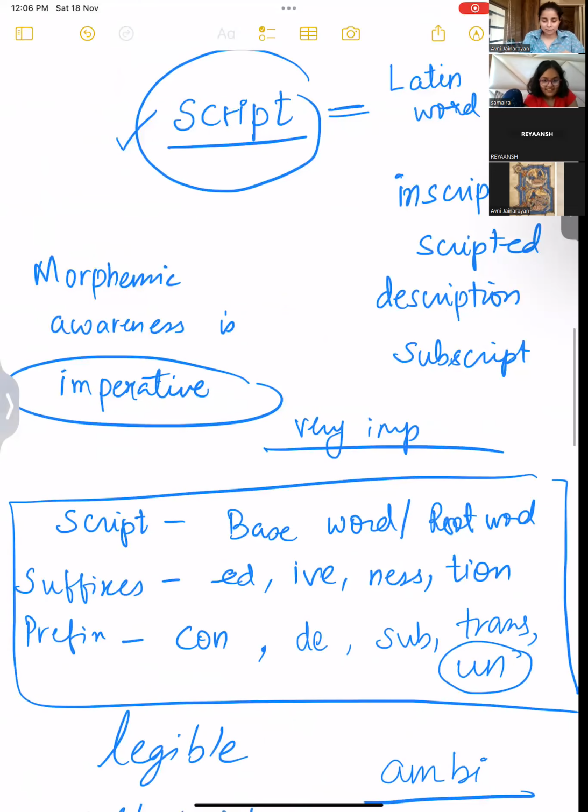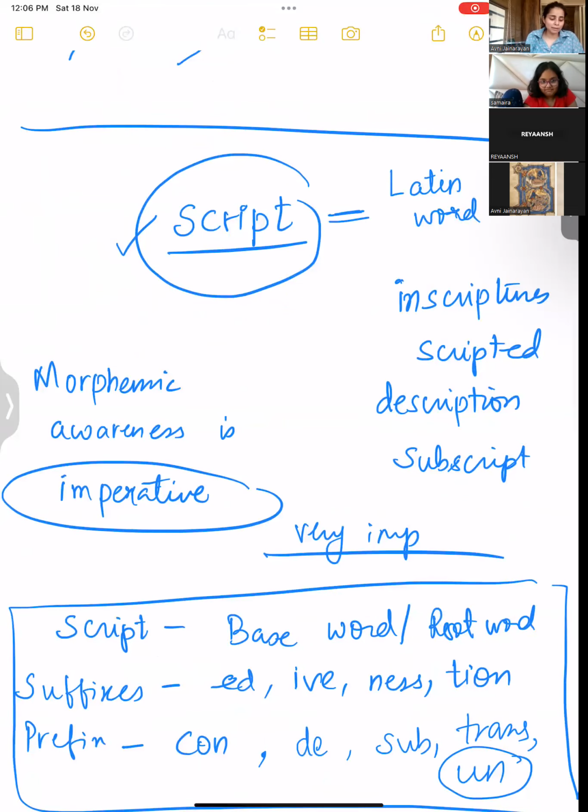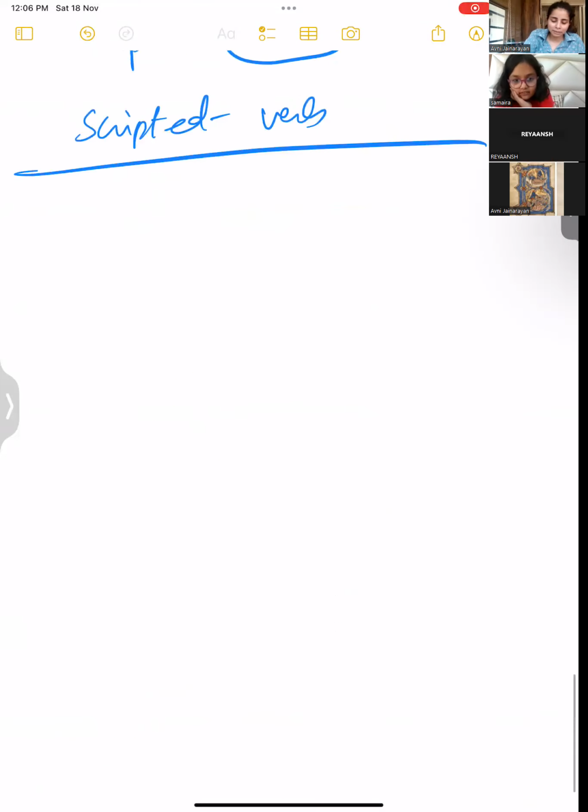Next word. Let's take another word because your script is done. Let me take another word for today. I'll give two words. You have to choose. Do you want to learn the meaning of this word or this word?